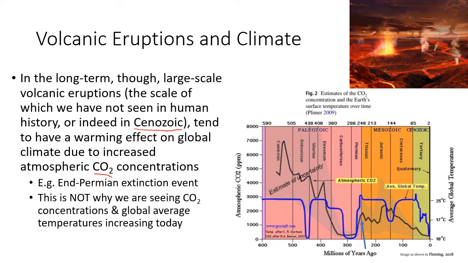But anyway, CO2 on the very long scale has a global warming impact. It has to be massive volcanism, or at least a lot of little volcanoes all together in a very short period of time. This is not what we're seeing today. What we're seeing today is from CO2 increasing from the burning of fossil fuels, and we'll talk about that on another day, and the evidence for that.